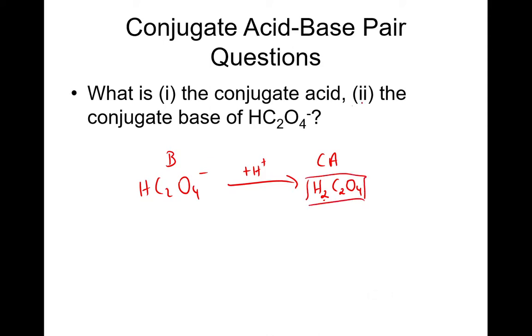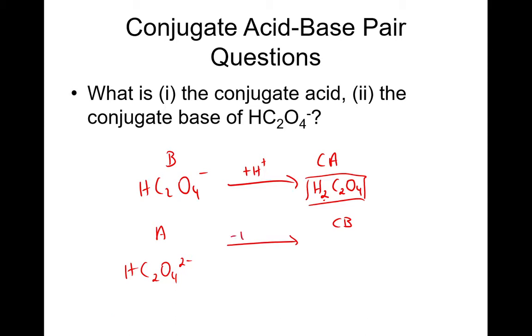Okay. Next question says, what is the conjugate base of HC2O4 minus? Now, if I want to go to the conjugate base, that means my starting point is an acid. All right. And the starting point, again, is the same, HC2O4 minus. Now, under Bronsted-Lowry theory, what do acids do?